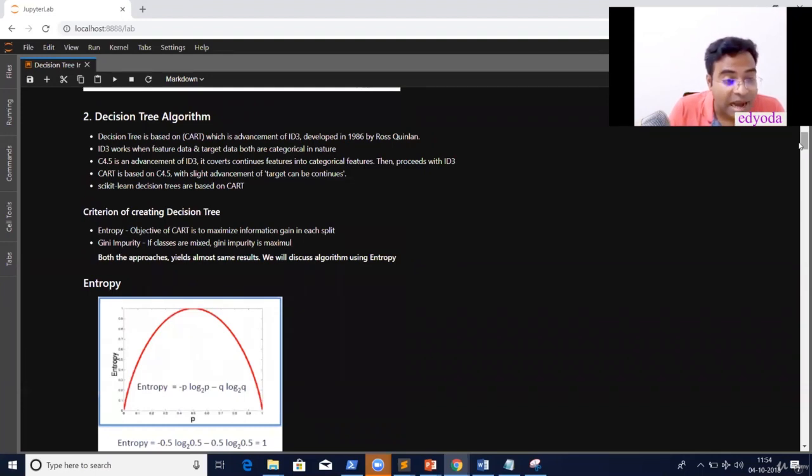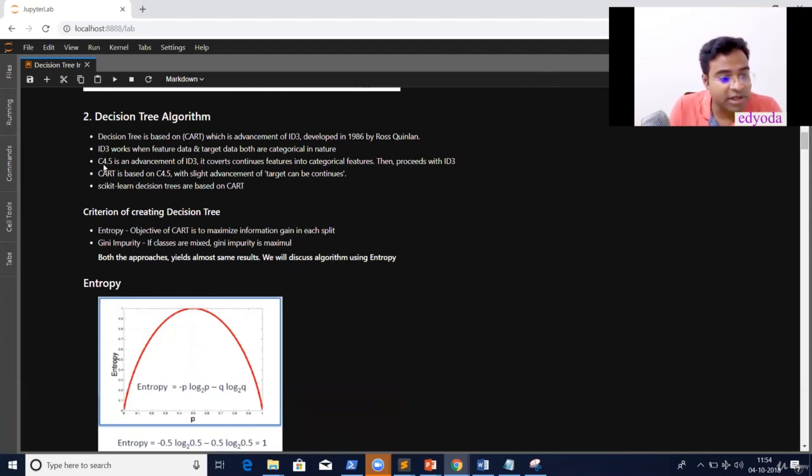It is based on CART, which is an advanced round of the ID3 algorithm invented by Ross Quinlan in 1986. This ID3 is the one that we'll try to understand, and CART and the other advancements are based on it. The assumption of ID3 is that the columns are categorical. That means the feature data is categorical, and the target is also categorical. That's the fundamental assumption of ID3.